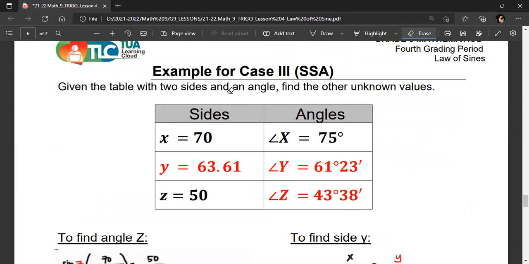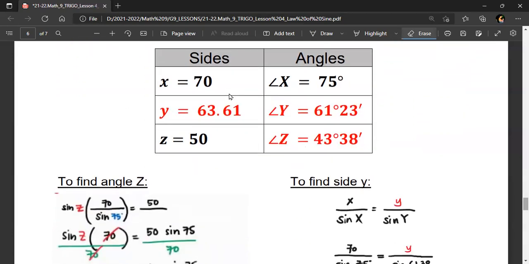So the givens are the black ones. Side X is 70, side Z is 50, plus an angle, which is angle X equal to 75 degrees. So this case number 3 is also solved using the law of sines. Now let us start. If you observe, the only given angle is angle X. Therefore, we could not easily get angle Y and angle Z. However, there are two sides given.